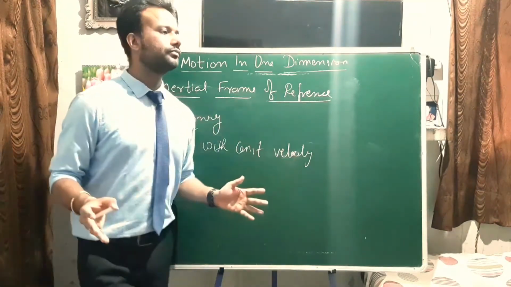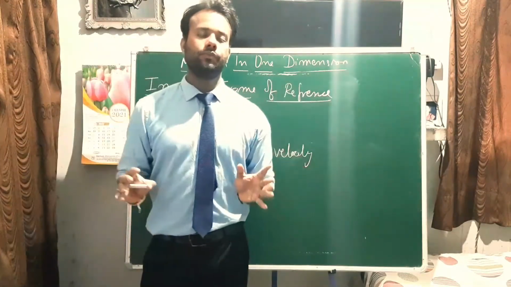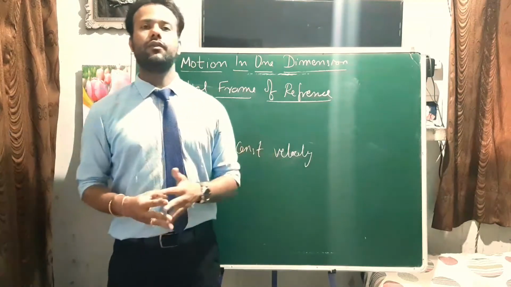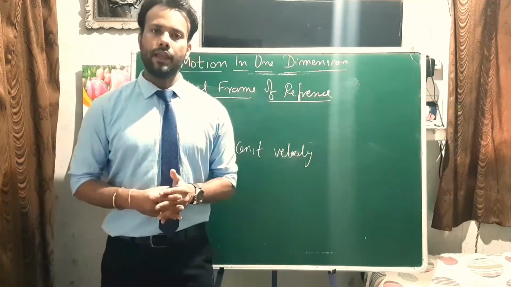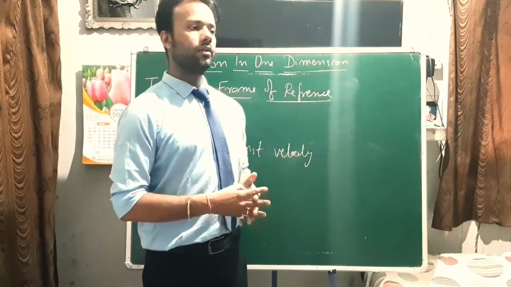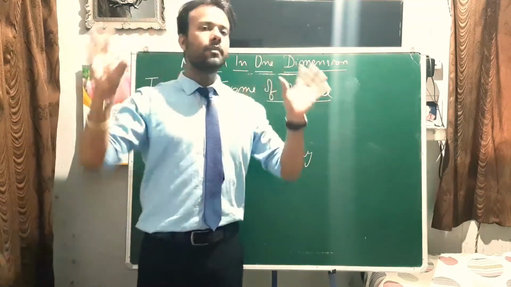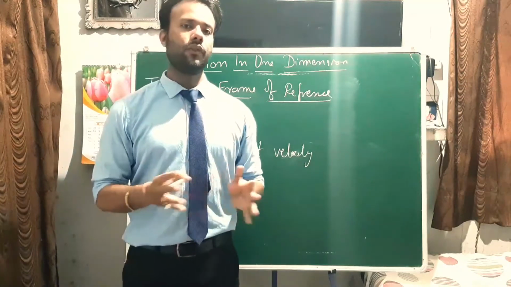For example, let's say I'm in a room. So this room for me can be regarded as the inertial frame of reference. Suppose you are sitting in a train, and the train is moving on a straight rail and the velocity of the train is constant. Then the compartment of the train will be regarded as the inertial frame of reference.